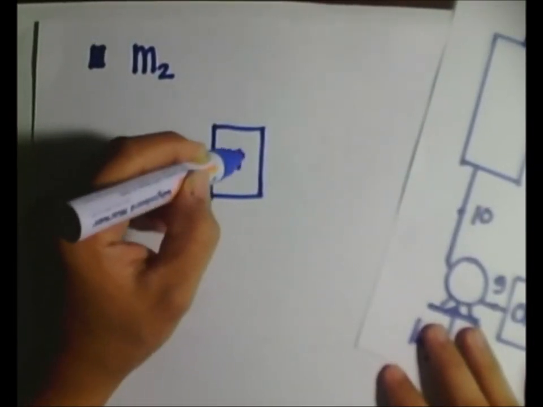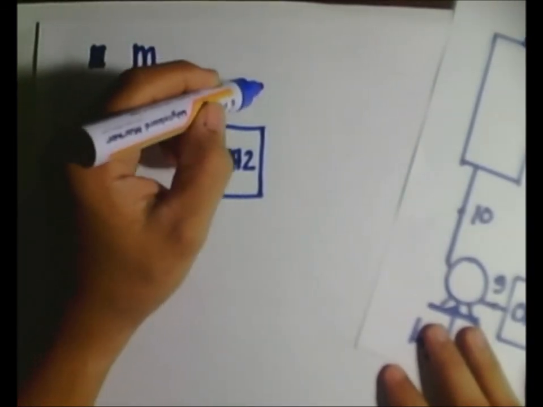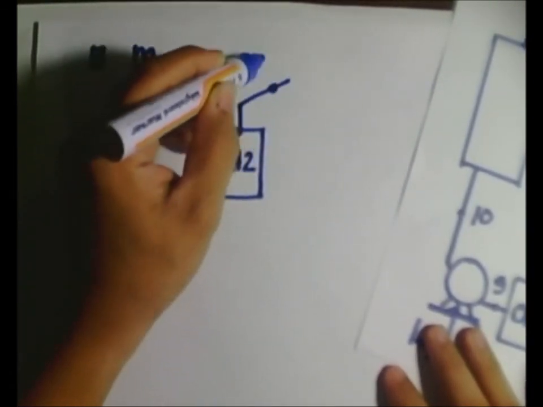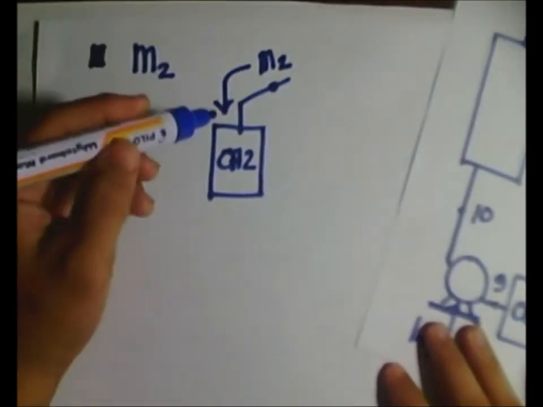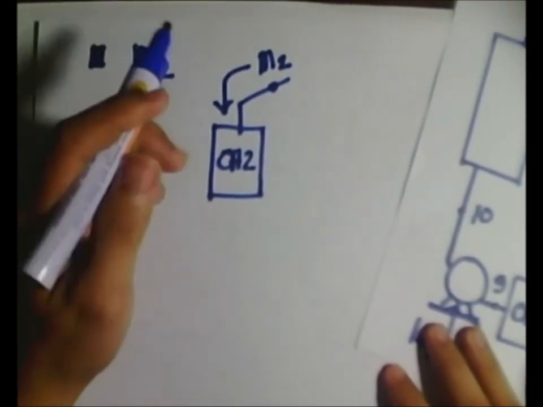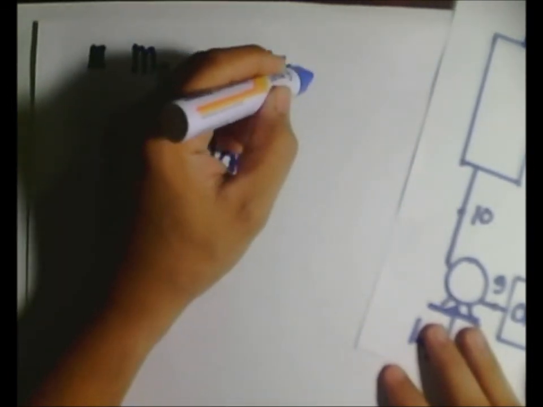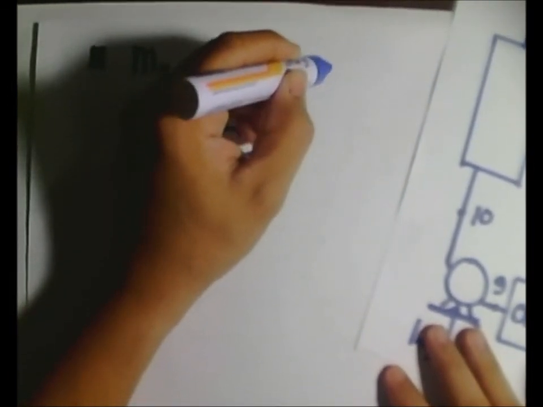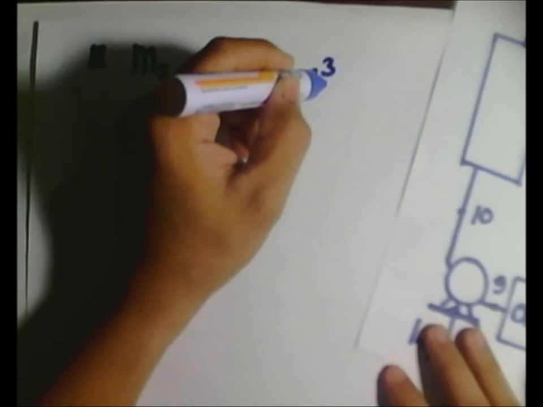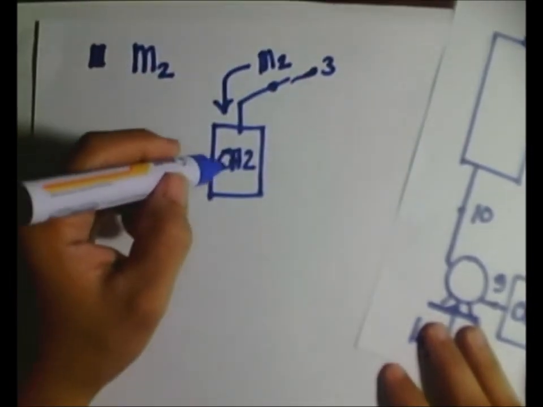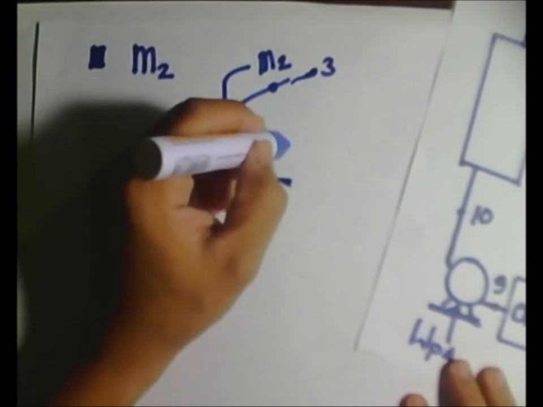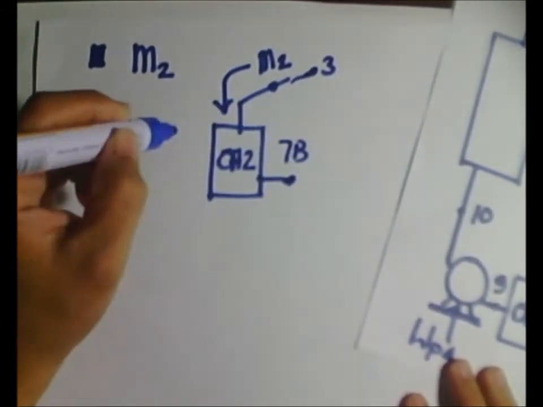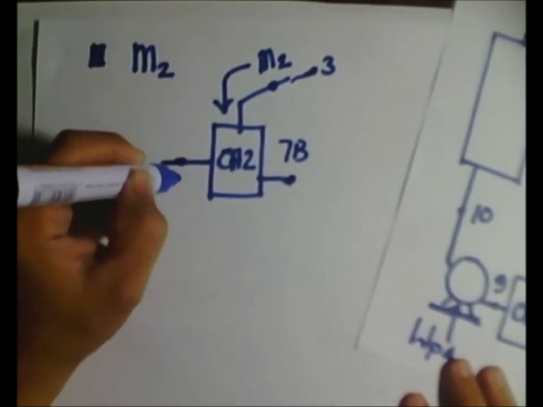So that's open heater number 2, and we have here M2 going to open heater 2. In this case here, we have this one is connected to point 3, which we have H3, and 7B here, and 8.